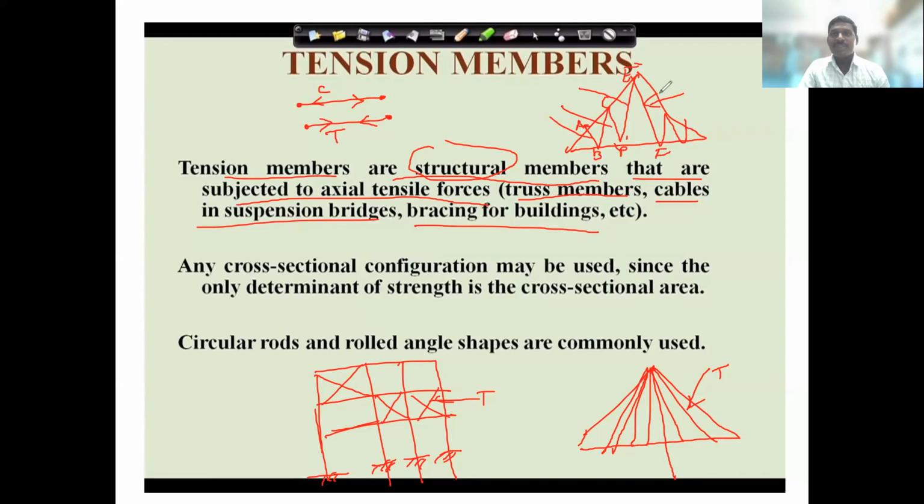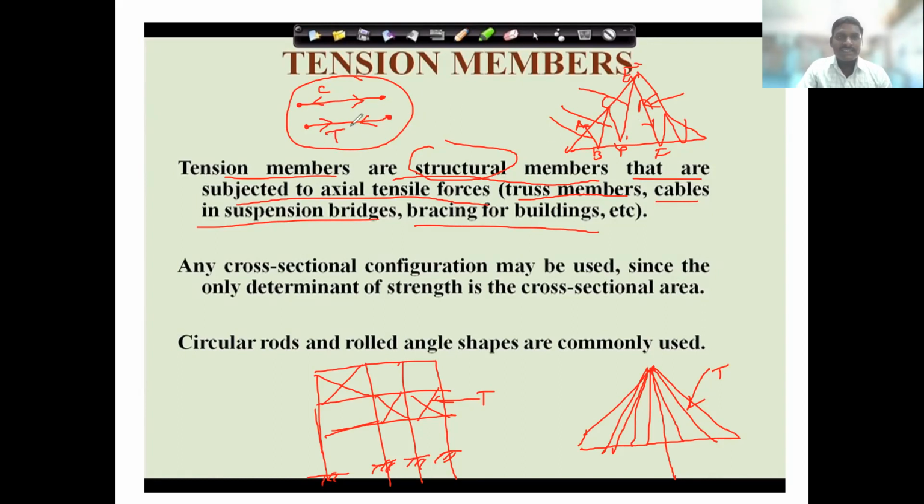Are you getting? And we have found the forces in the member EF, whether this is a tensile force or compressive force. The tensile or compressive nature of forces we have found from this particular truss.